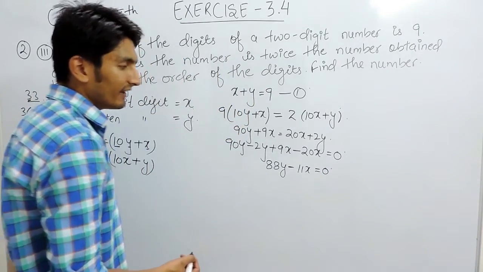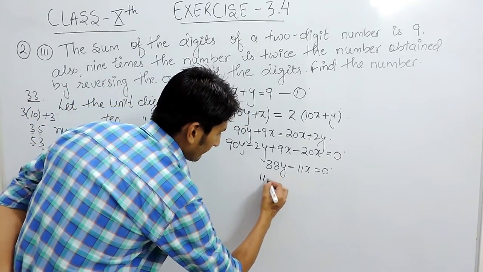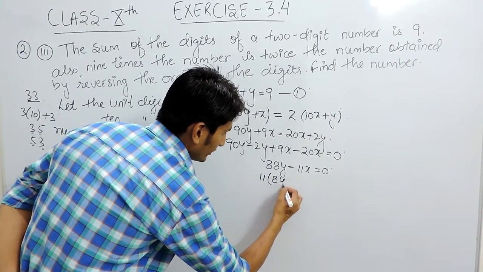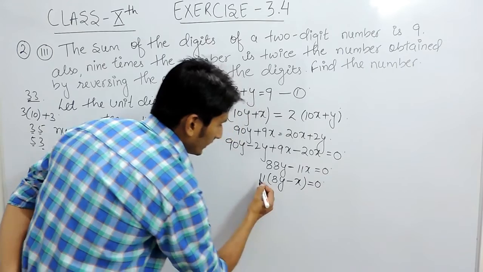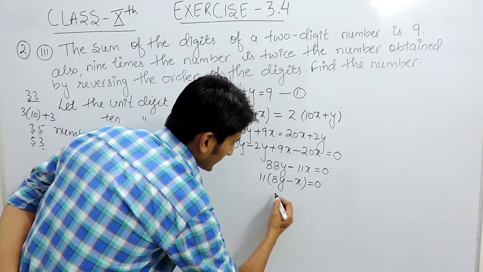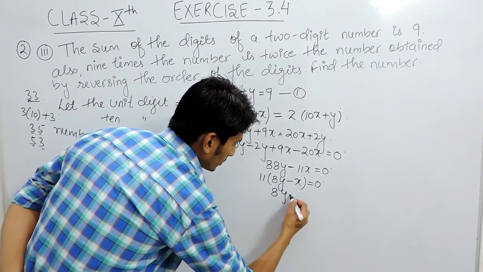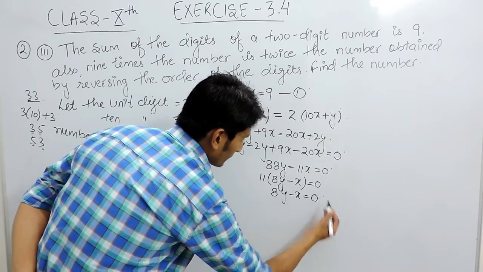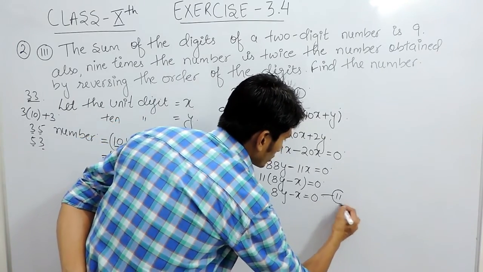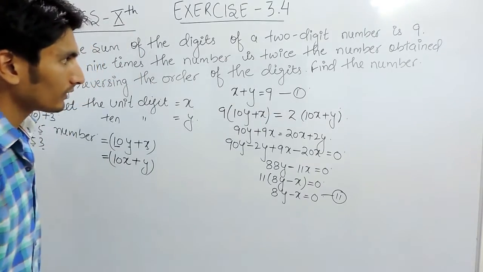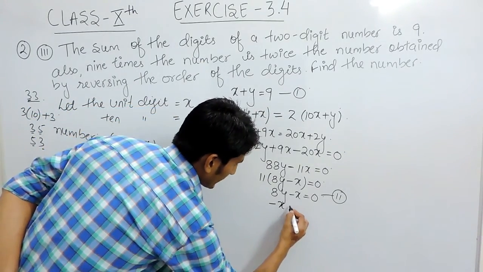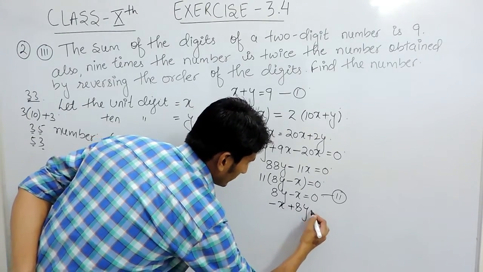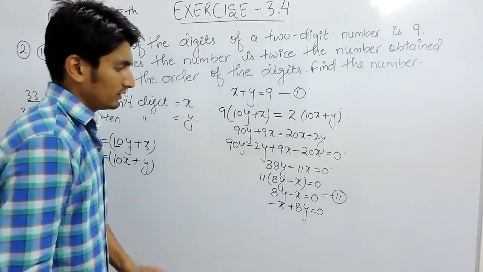Again you can take 11 as common. So taking 11 as common, this is 11 into 8y, 88y, and this is x, equals to 0. So when this 11 is shifted to that side, again it will become 0. So our second equation will be 8y minus x, or this can be written as minus x plus 8y equals to 0.